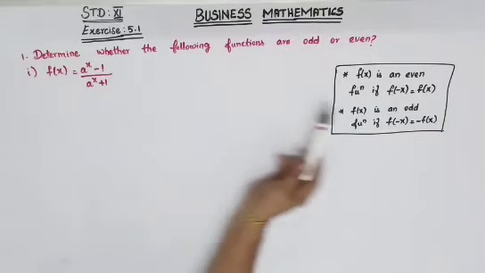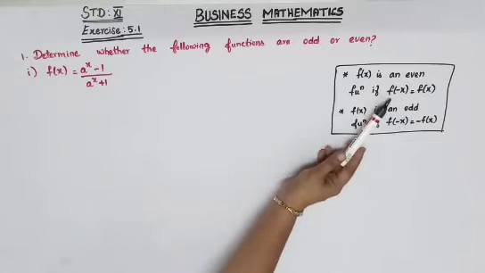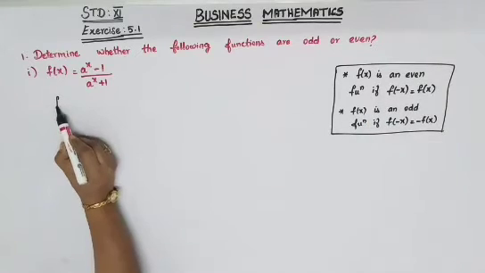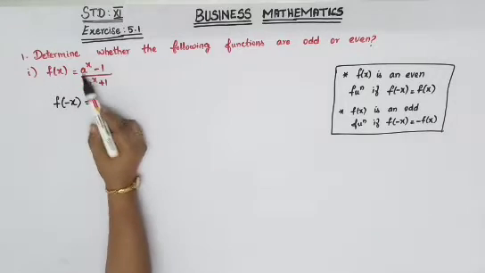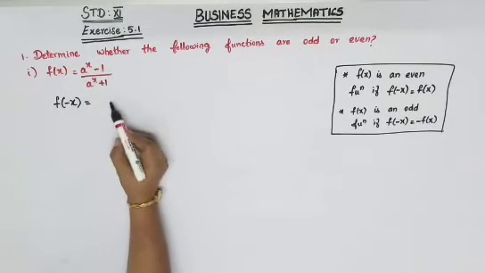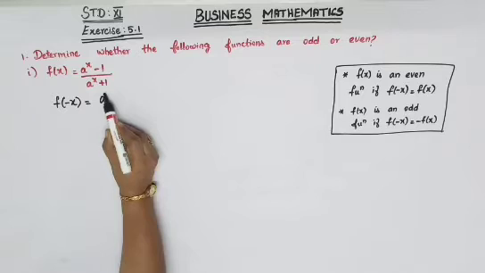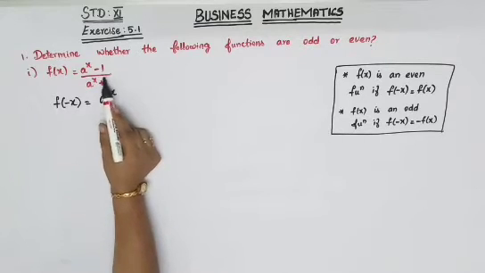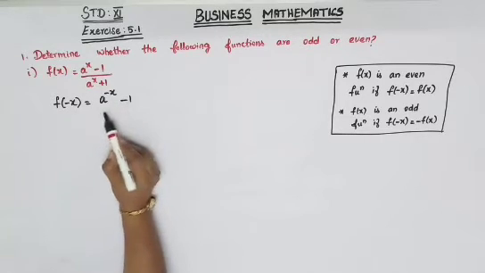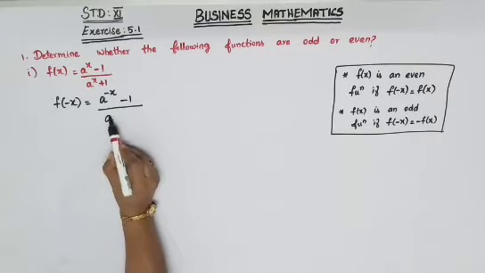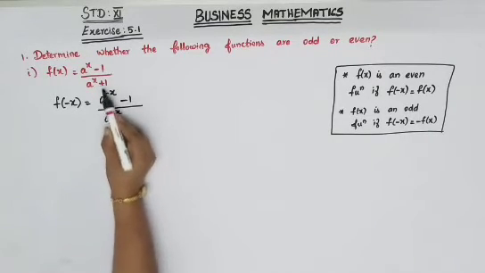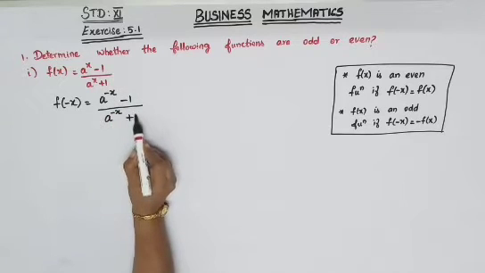Now we have to put minus x. For each case, we have to give minus x only. F of minus x. Wherever x is there in your right hand side, just give minus x. So a^(-x) minus 1 as it is, divided by again a^(-x) plus 1 as it is.